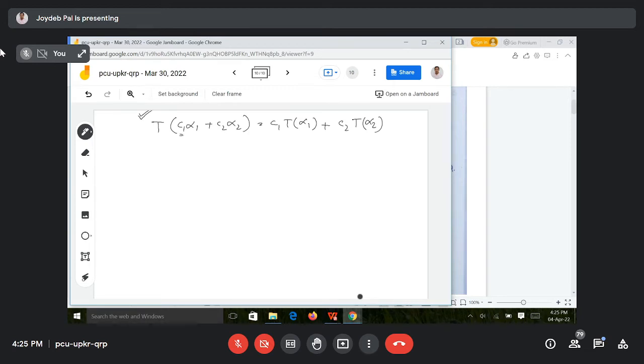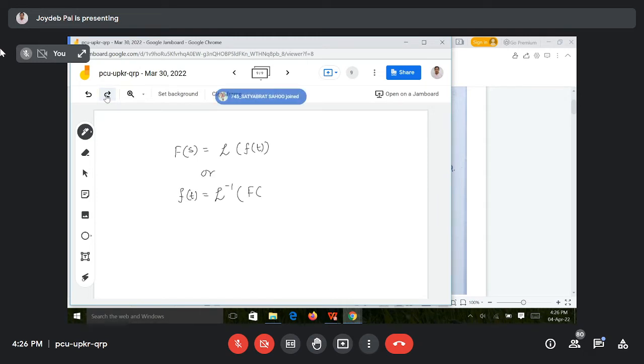C1 is a constant, C2 is another constant. So T of (C1 alpha 1 plus C2 alpha 2) is equal to C1 T(alpha 1) plus C2 T(alpha 2). That is called the linearity property of the function T. Now here also the Laplace transform follows the linearity property.